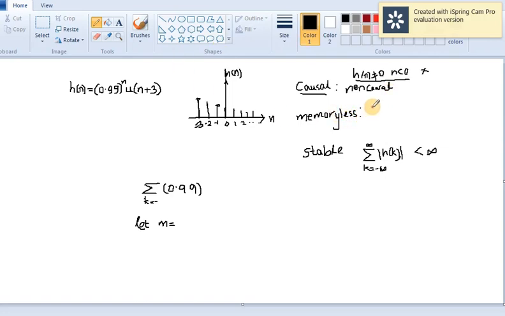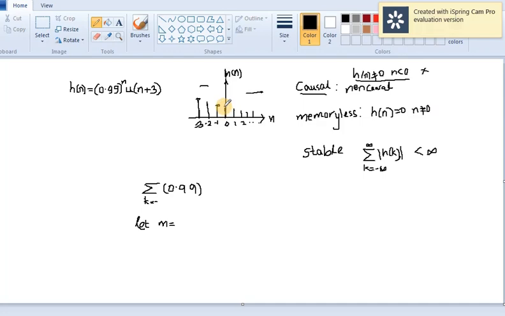For memoryless, we'll check with this condition: h of n is equal to 0 for n not equal to 0. It means the signal should be existing only at the 0th instance, and it should be 0 for other instances, on the left or even on the right. Now clearly the signal is existing on either side, on the left side as well as on the right side.